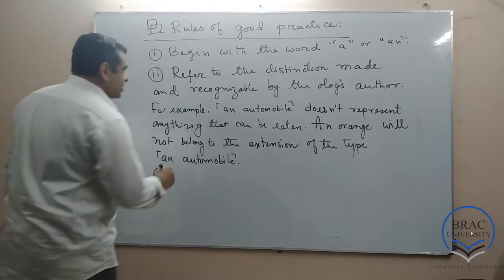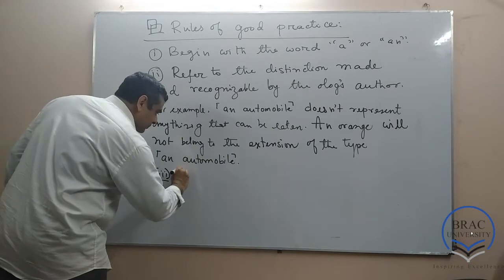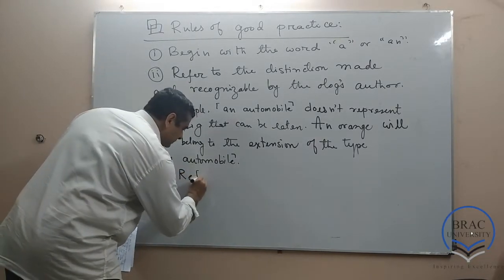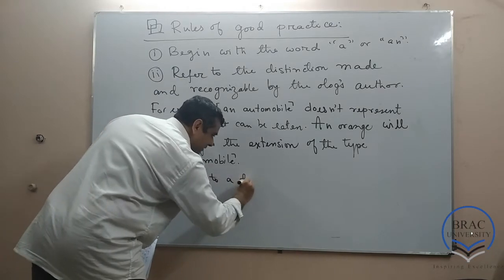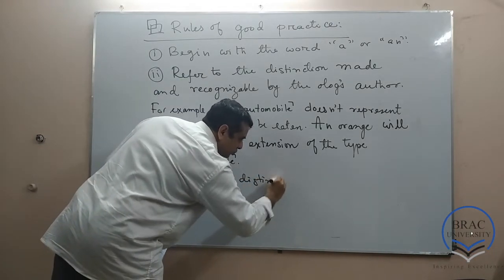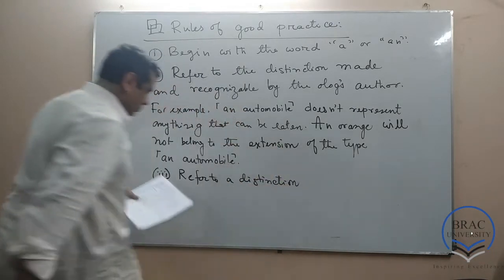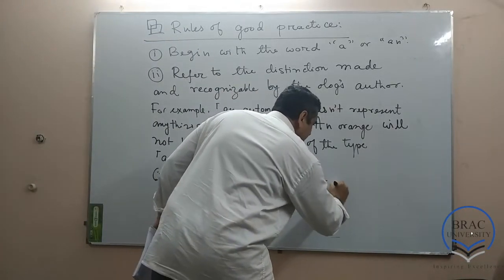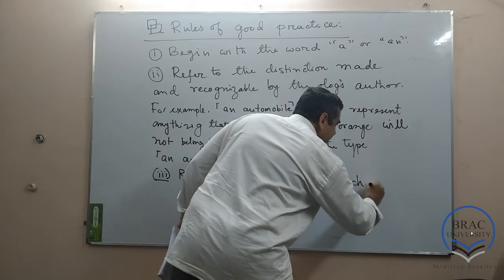refer to a distinction. A distinction means a type. Refer to a distinction for which instances can be documented.